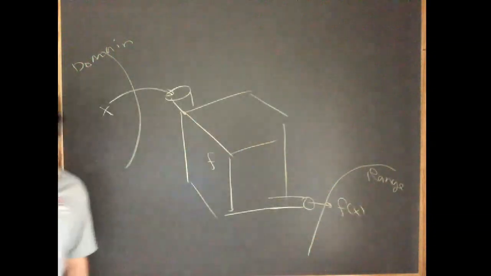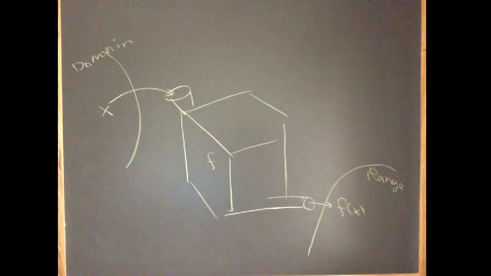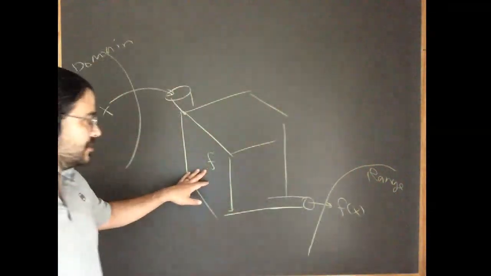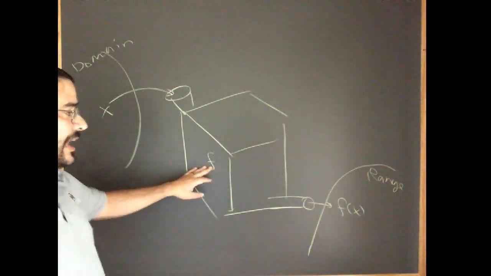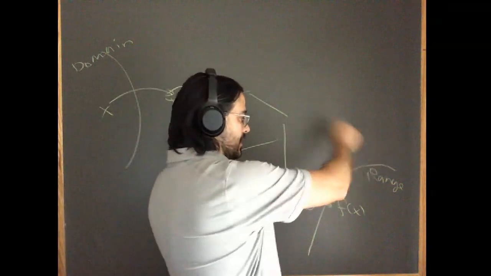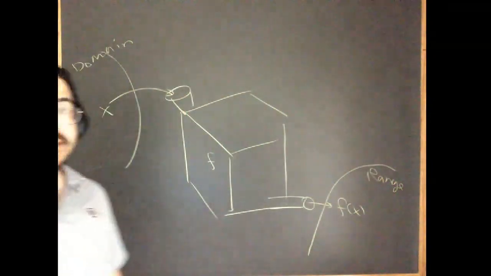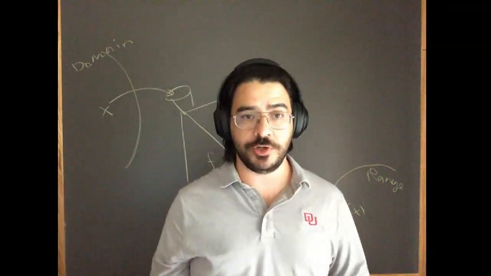Okay, so that again was the picture that you should have of what's going on with a function. And what we're going to do now is take two different functions, f and g, so two separate boxes that take inputs and produce outputs. And we're going to combine them together to produce a new function.